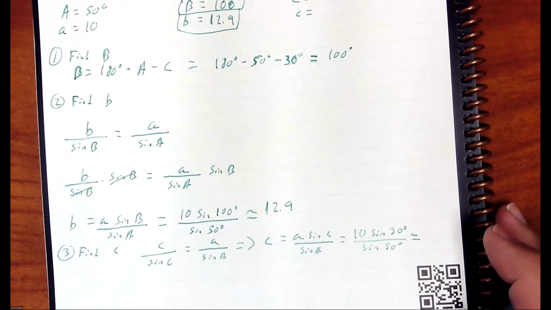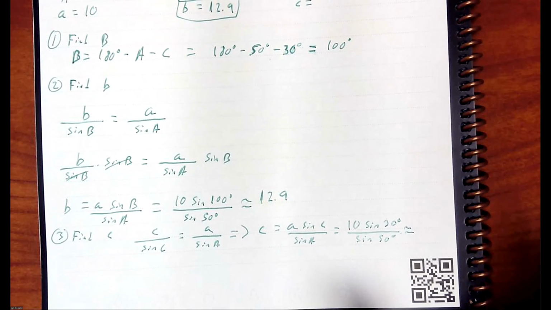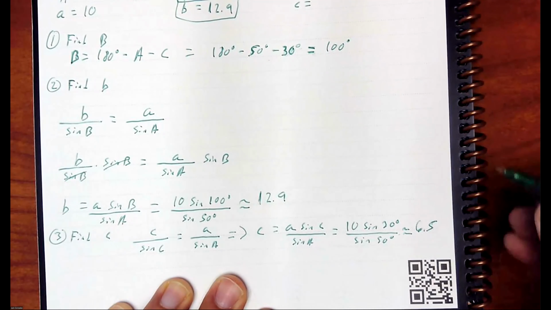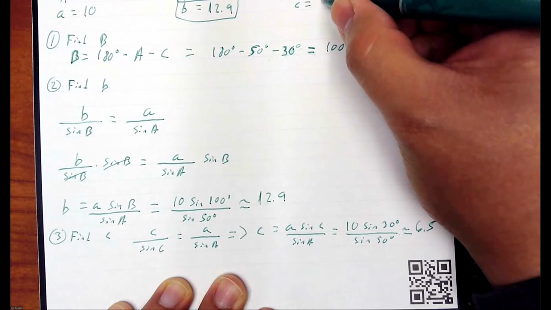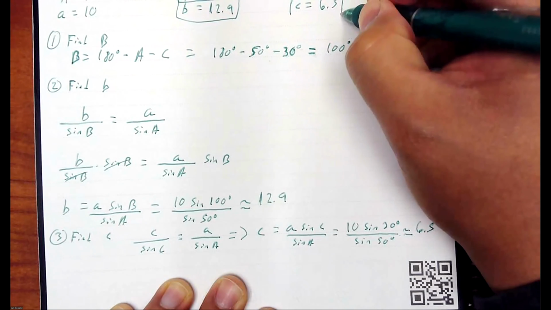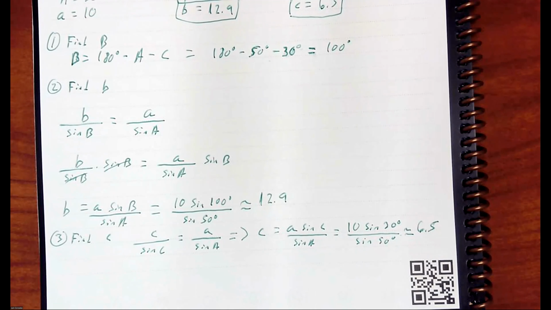I skipped some steps because I'm out of space, but we do the same algebra. That'll be about 6.5. Any questions about any of the steps? We're using the law of sines to find the pieces that we're missing. Okay.